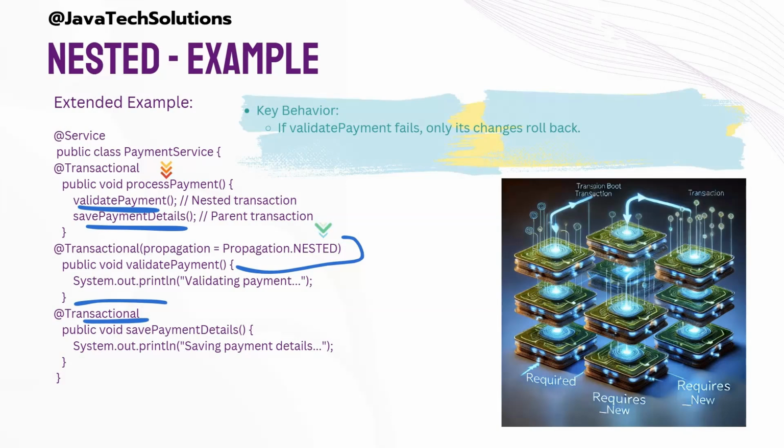If an exception occurs within the validate payment, it rolls back only its changes while leaving the parent transaction unaffected. Okay, if the parent transaction rolls back, all changes including the nested one are undone. Means all will be rolled back, reverted. What will be the benefit?